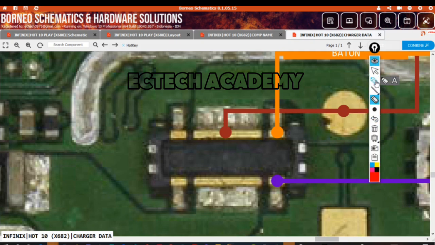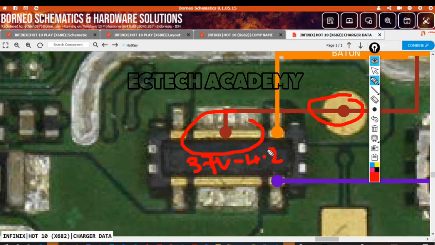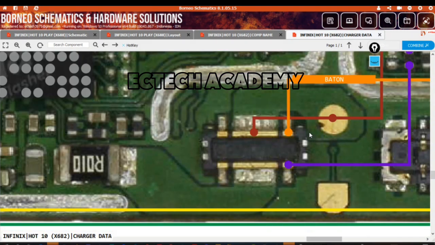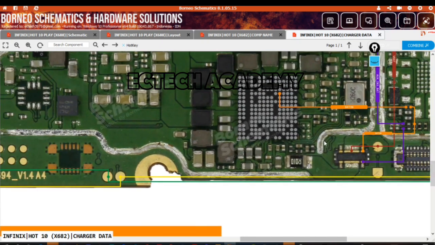So on this vbat test point, you must have 3.7 voltage to 4.2 voltage present on this battery connector. Okay, all right, so that's how to trace. That's the basic tracing of the charging section.